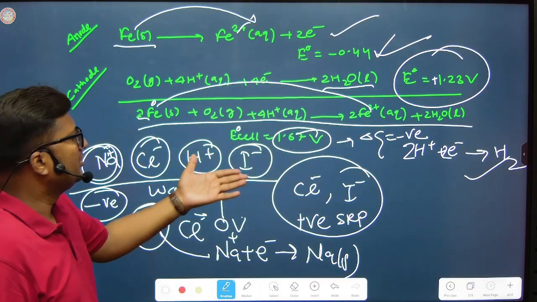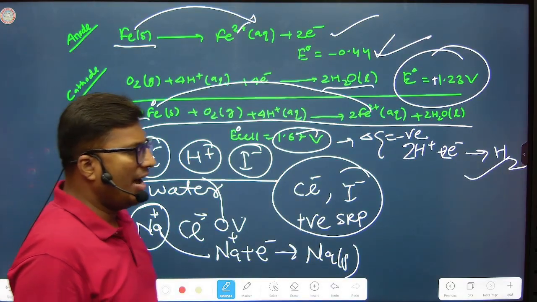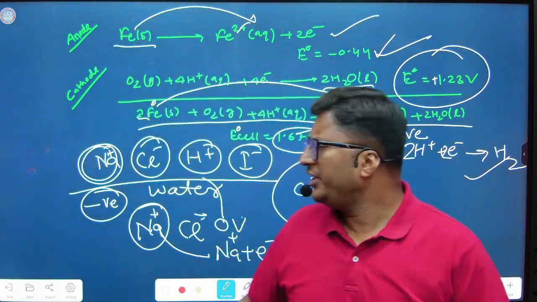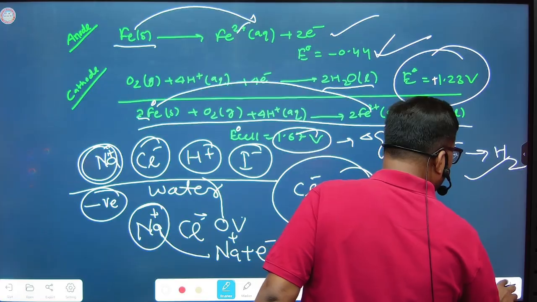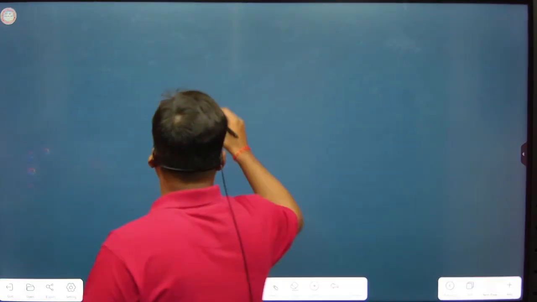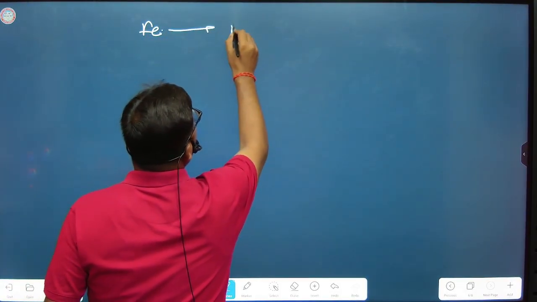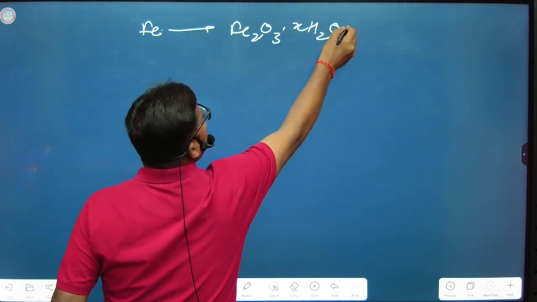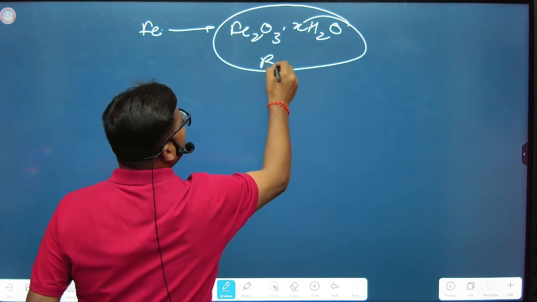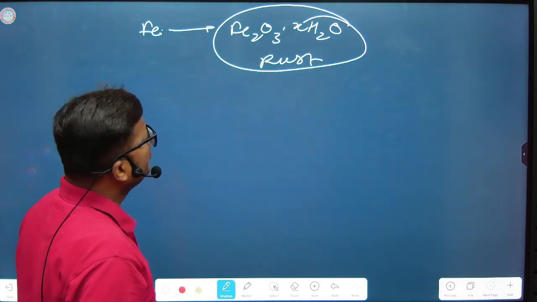So this is the thermodynamic feasibility of the corrosion of iron, and we can protect against corrosion. Suppose we have iron, right? So it is Fe2O3 into X2O. So this is actually rust, which is called corroded iron, right?